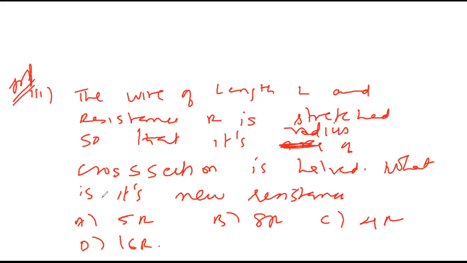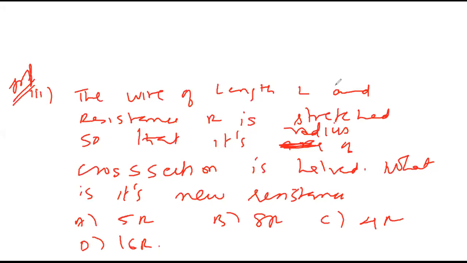Answer is D. C would have been correct in case it is given area, not radius. Yes, it's area, so radius squared. So we got 16R. Can I clear this from the screen?